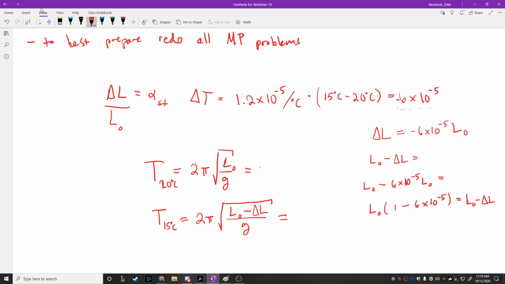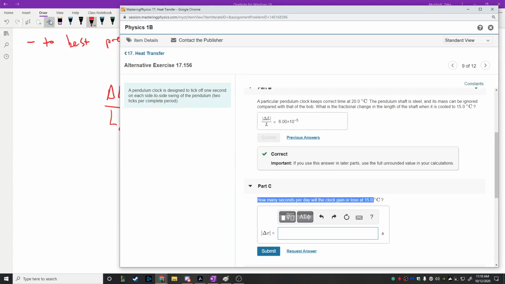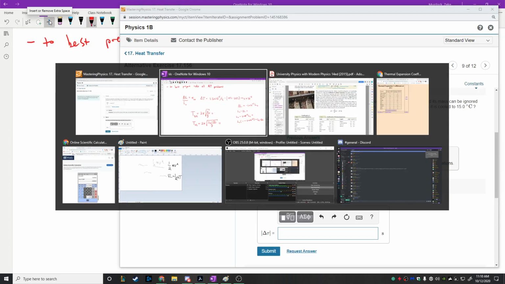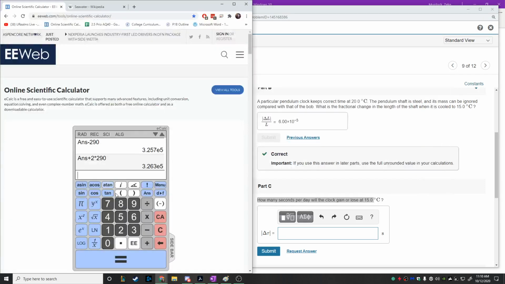And 1 minus 6 times 10 to the negative 5 is going to be really close to 1, but not exactly that. No, that's not right, is it? So it's 9.999 e negative 1.